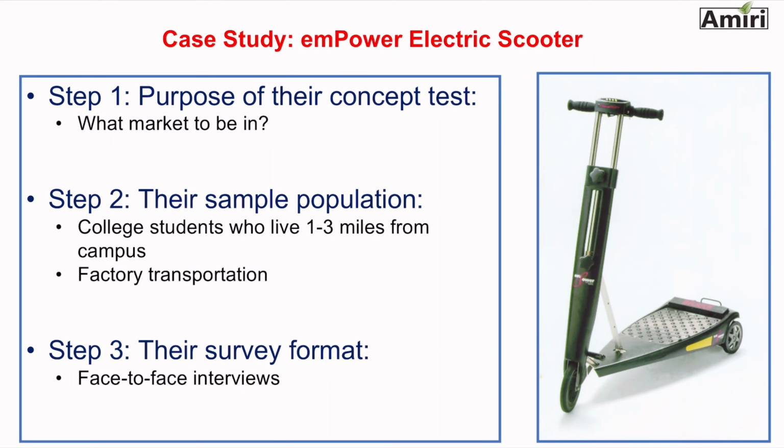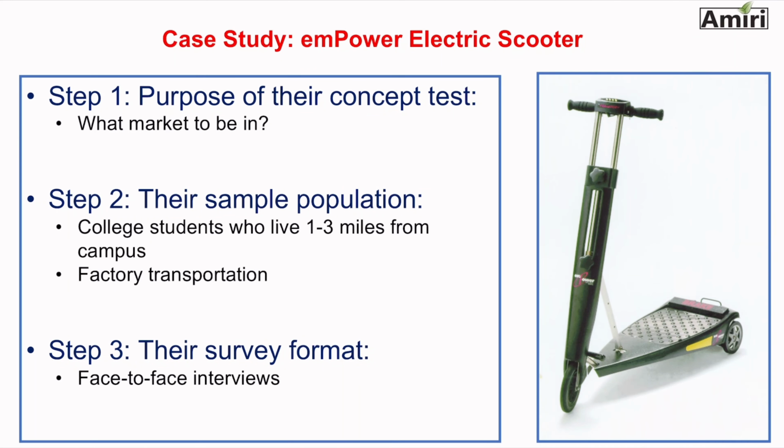In the case study that we will see some examples of here was the Empower Corporation. Their concept was a personal transportation device, or a scooter. For them, the purpose that they were after for the concept testing was only to figure out which market to be in, and also to estimate demand, how much they're going to sell, and their sales numbers.